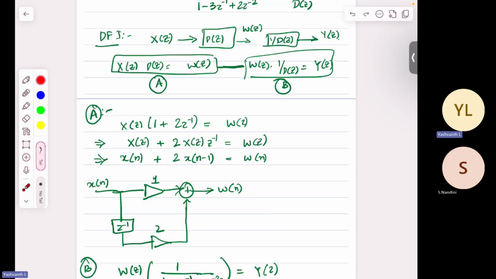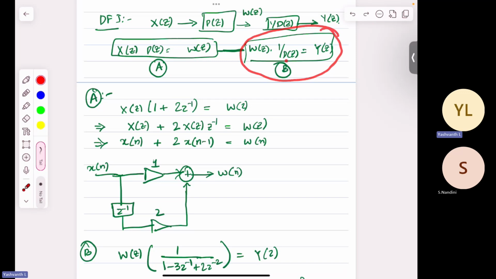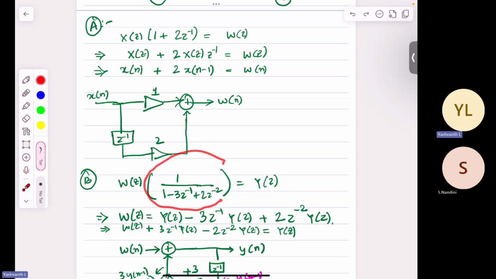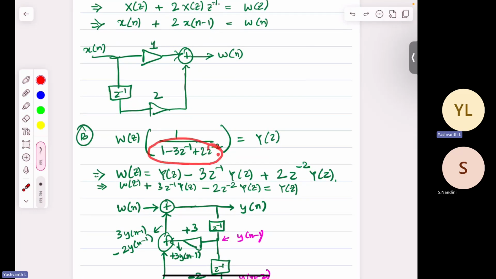Okay, great. Now what is the second block? To implement w of z into 1 by d of z is equal to y of z. That means what is 1 by d of z? D of z is nothing but 1 minus 3 z inverse plus 2 z power minus 2. So 1 by that is nothing but 1 by this number. So w of z into 1 by d of z is equal to y of z. That means you take this number to the right hand side.